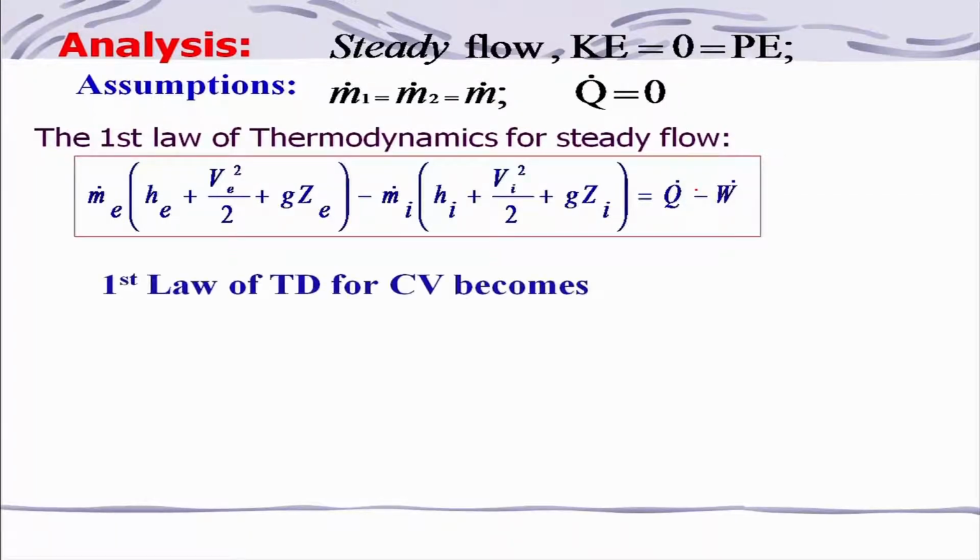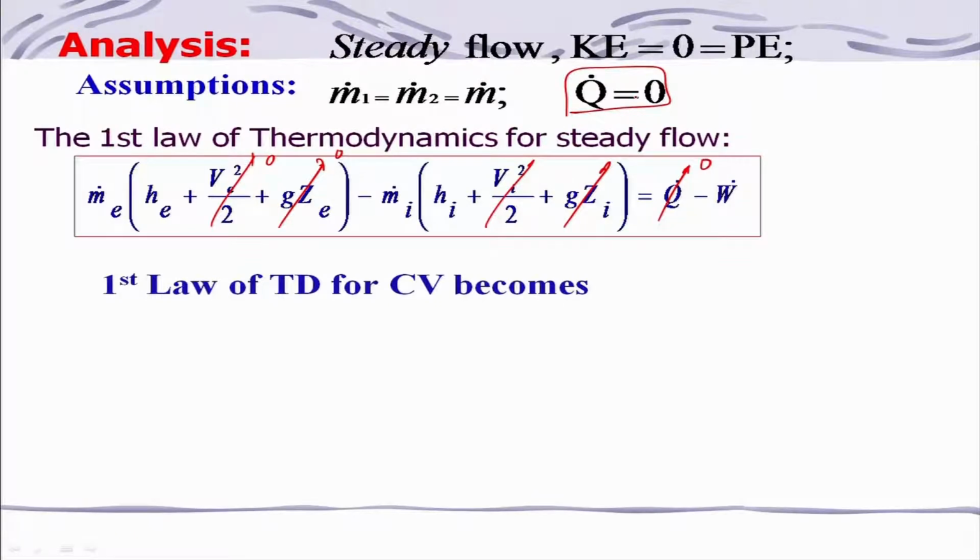So, we can apply that. We are basically saying the change in kinetic energy is 0, potential energy is 0, and heat is 0 because of the adiabatic nature.